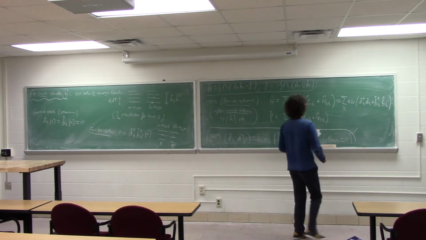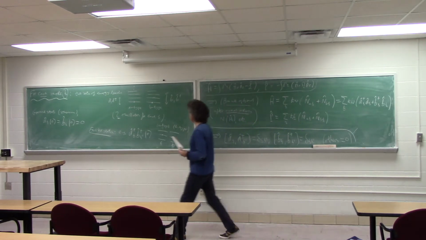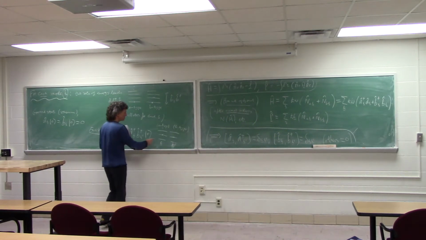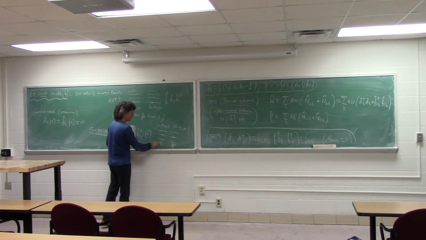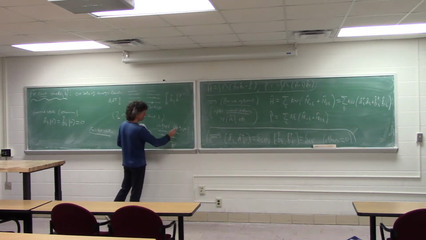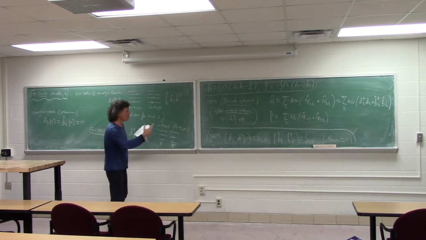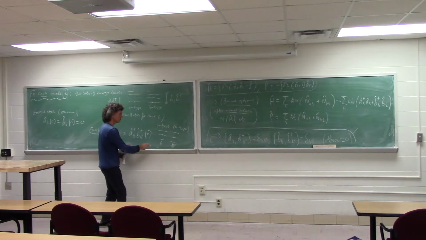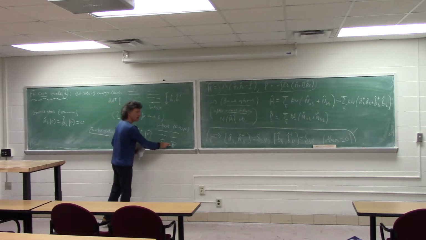If I've got the k mode, an A-type mode excited, whereas for the k prime mode, the B-type is excited, then the total momentum is h bar k plus h bar k prime.